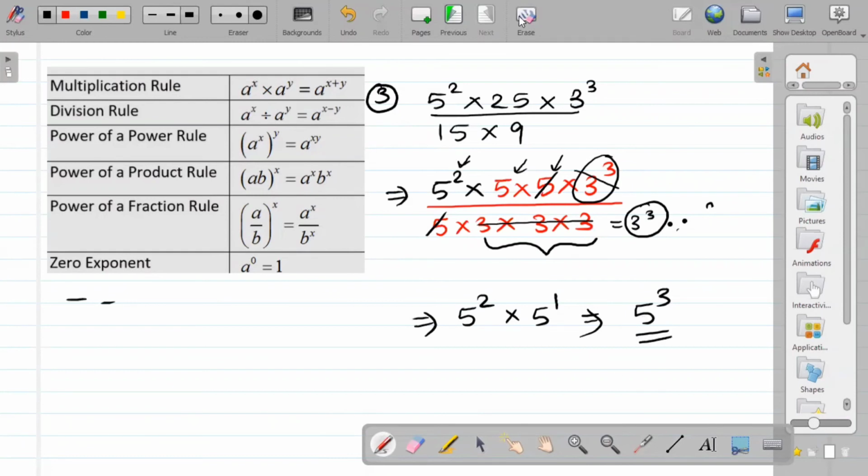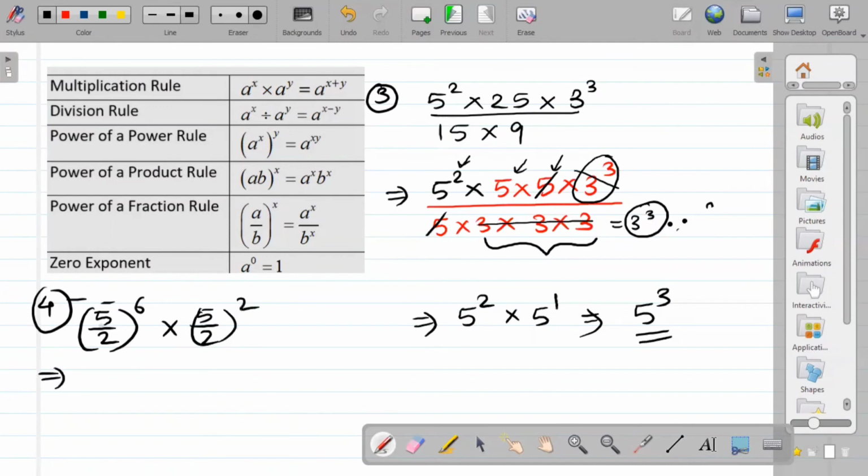Okay. Let's have one more question, the fourth one, in which what is given to us is 5 by 2 raised to power 6 multiplied by 5 by 2 raised to the power 2.